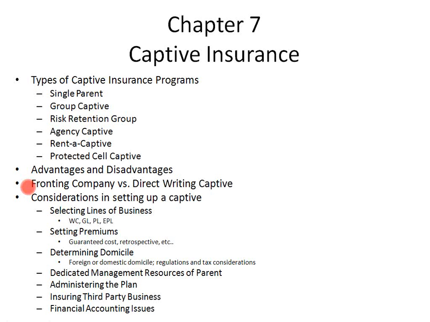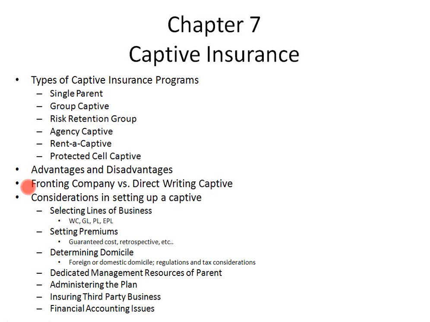And then I put on here the considerations in setting up a captive. There are other considerations in there, but I would say these are probably the bigger ones, at least in my book. What coverages: workers' comp, GL, personal liability, employment practices liability. What premiums, and how you're going to set them up, as it can be retrospective, guaranteed cost.